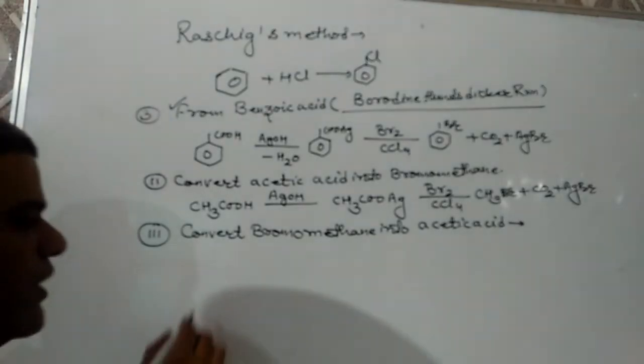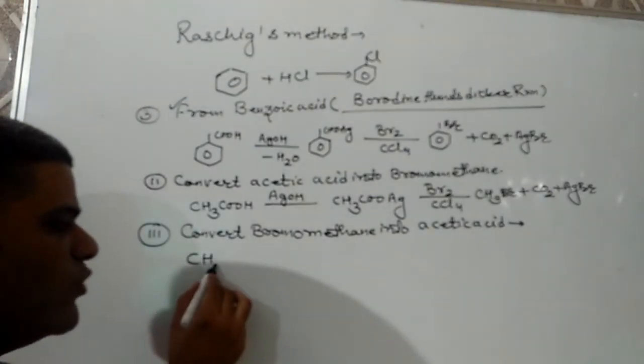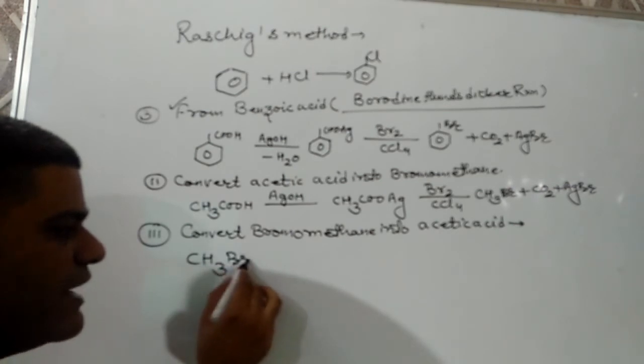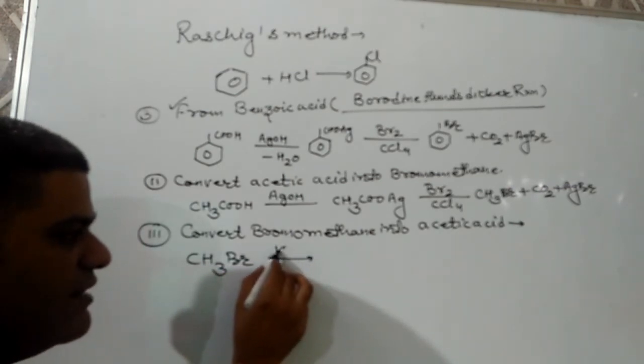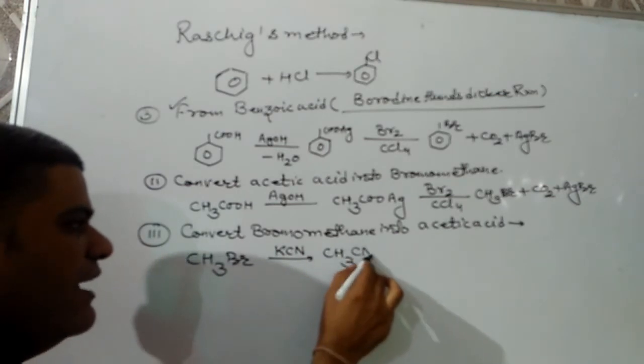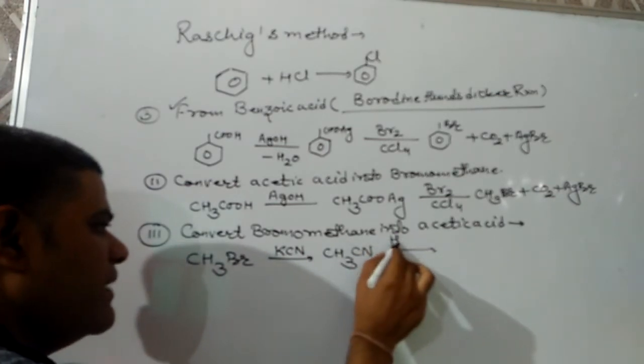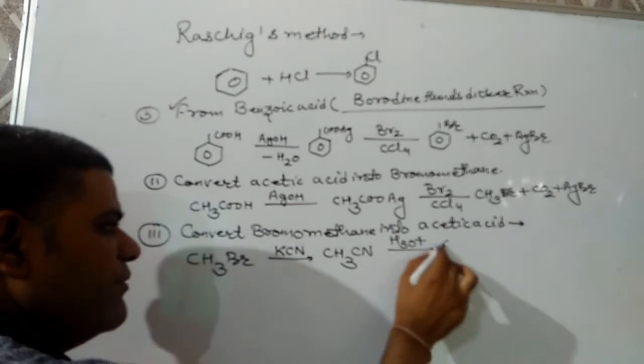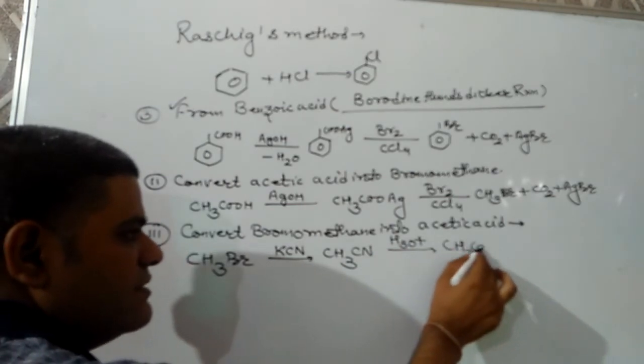So here we have to increase the carbon. It can be done in two ways. CH3Br can react with KCN, as I have mentioned, to give ethane nitrile, and then ethane nitrile on complete hydrolysis can give you acetic acid.